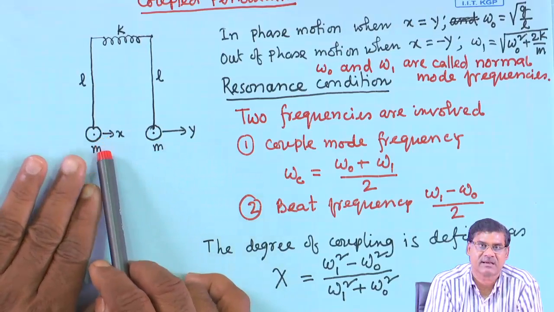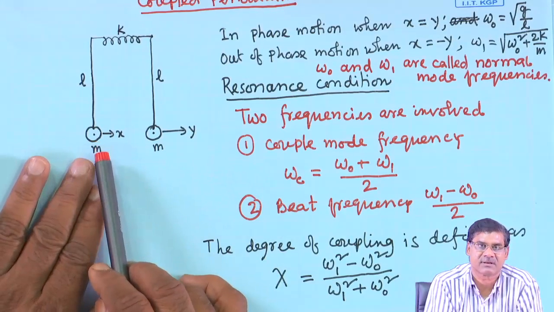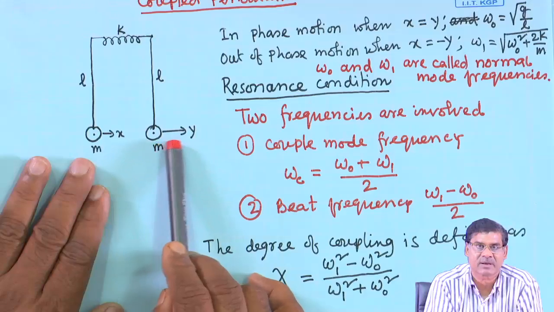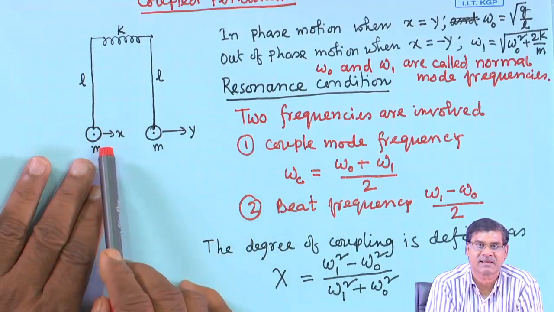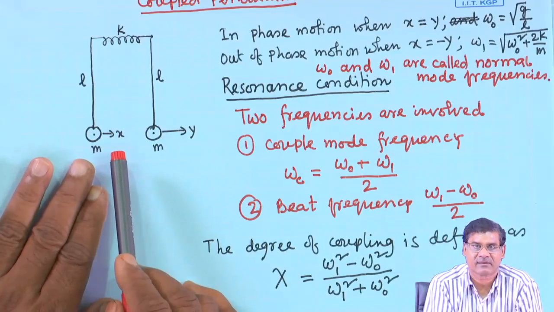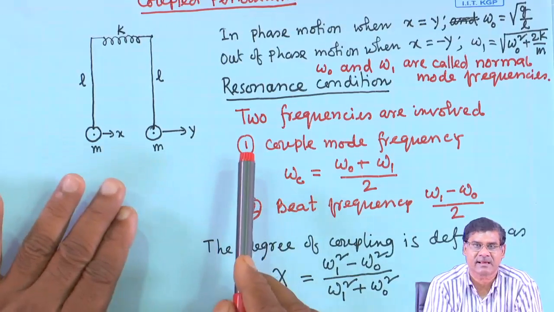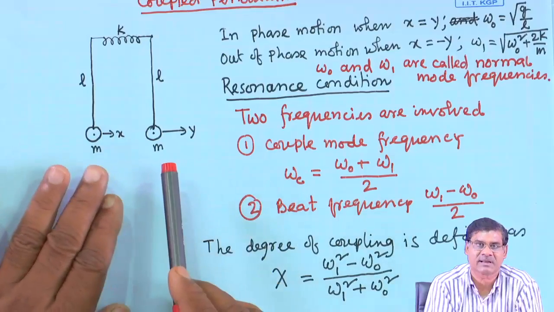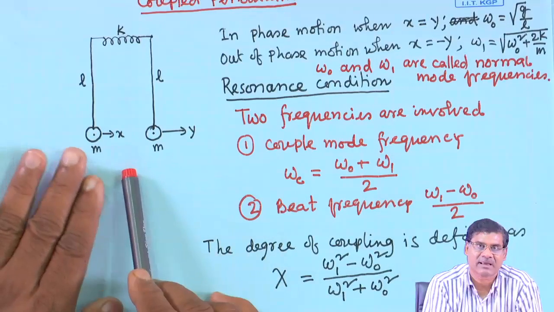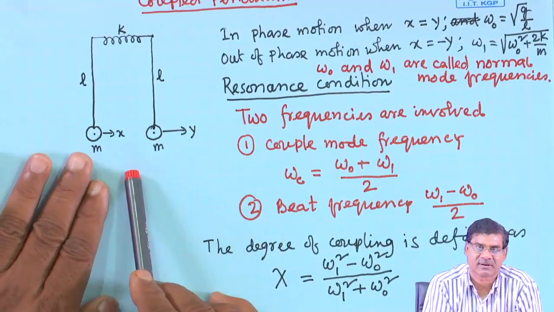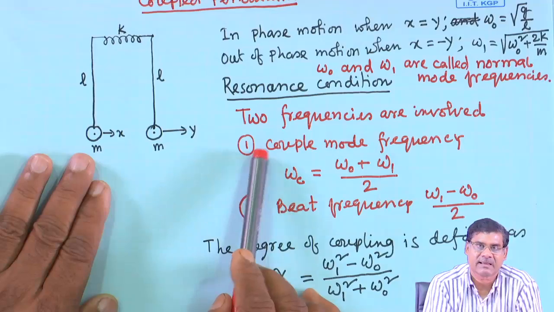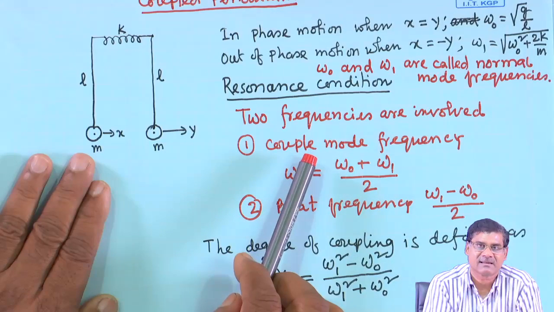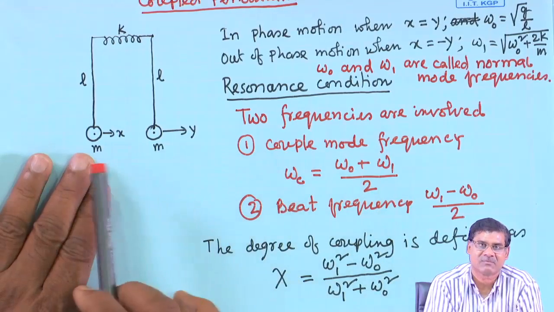Earlier, we displaced both by a, either in the same direction or in opposite directions. Now keep one at the 0 position, with 0 displacement, and displace the other by 2a, and then leave it. Then you will see the motion.